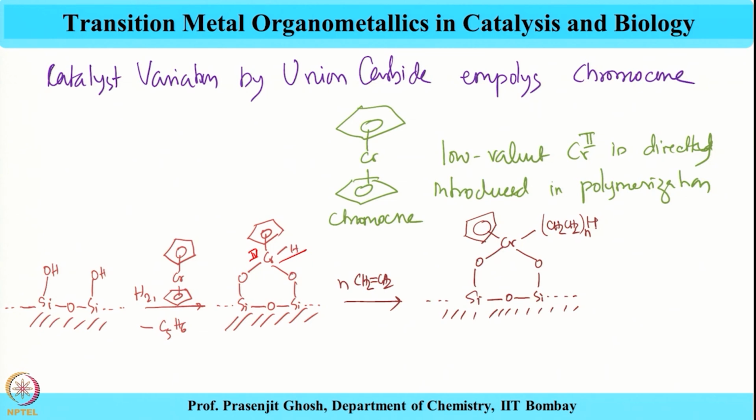This is a nice improvement, where a low valent chromium is directly used for carrying out the catalysis in the Union Carbide process by starting the reaction with chromocene.